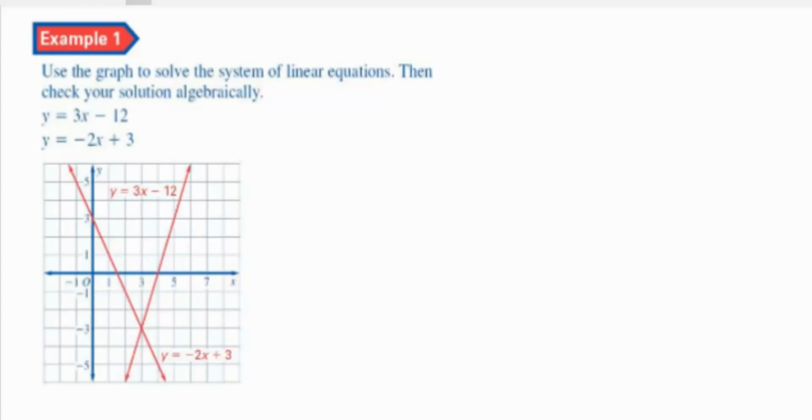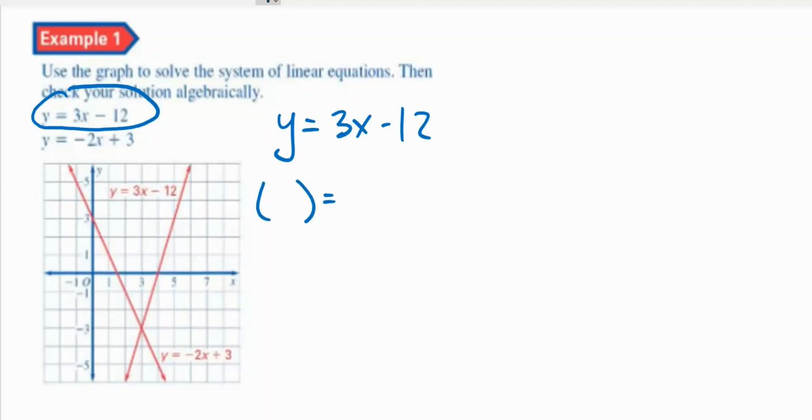We've got, call this top one, y equals 3x minus 12, and our point right here is 3, -3.